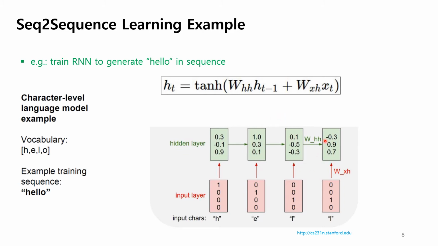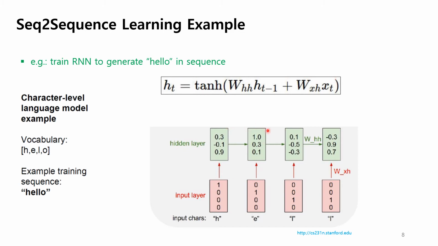For each time step, you give an input, and based on the hidden values, you generate an output. Using that output, you compute the error. Here is the same thing: you give input, based on this you generate output, and using this output you compute error.